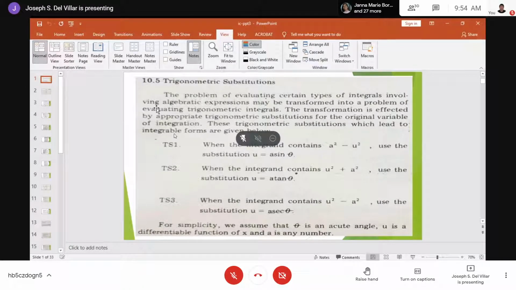Nag-reverse lang yung position ng variable tsaka constant. Sa case number one, the positive term is the constant, a squared, minus the variable squared. Sa case number three, nauna yung variable squared, u squared minus the constant squared.